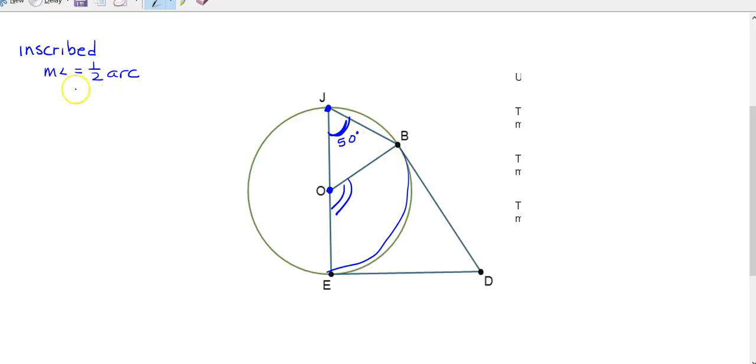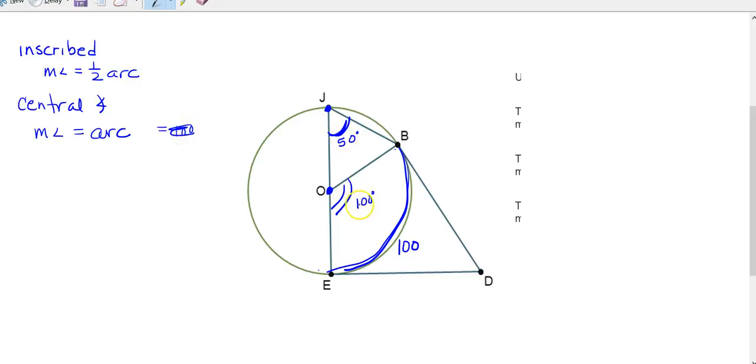Now remember that the angle is half the arc. So the arc is bigger, right? It's 100. Now this angle BOE is what we call a central angle. So on the central angle, the measure of the angle is equal to the arc. So since the arc is 100, what's the measure of the angle? Right, 100. Very good. So that takes care of the first question.